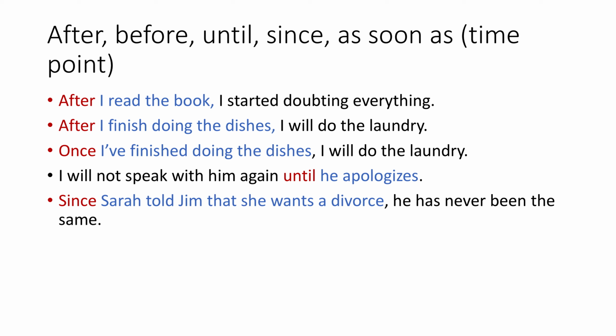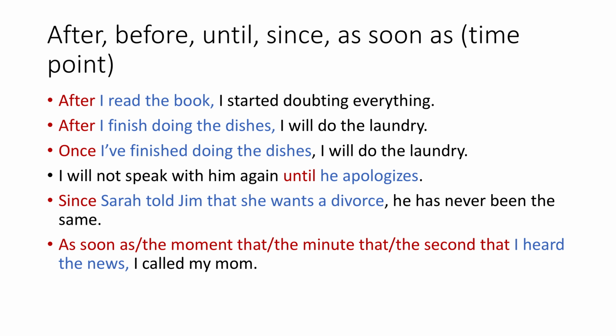In this case, Sarah telling Jim that she wants a divorce. So since means from the moment that Sarah told Jim that she wants a divorce, he has never been the same. You will see the structure and the combination of these tenses quite often, and we use the present perfect or present perfect continuous tense in the main clause and simple past in the since part or the adverbial clause.